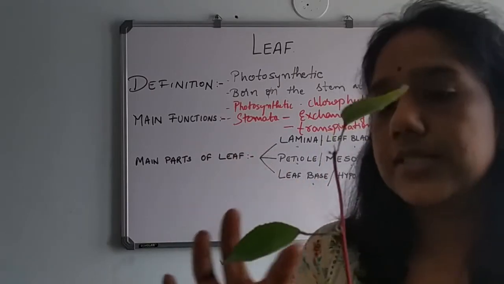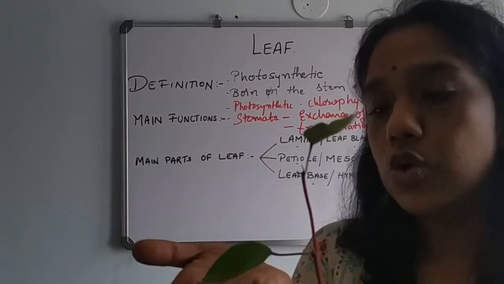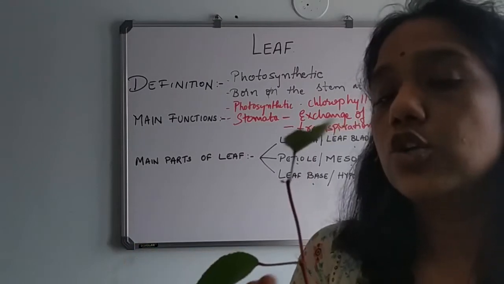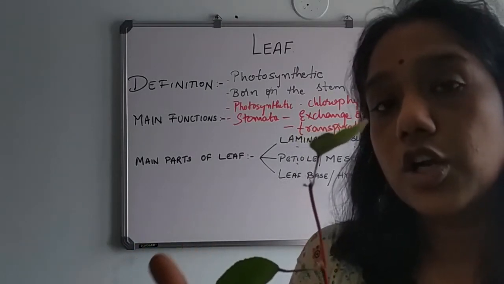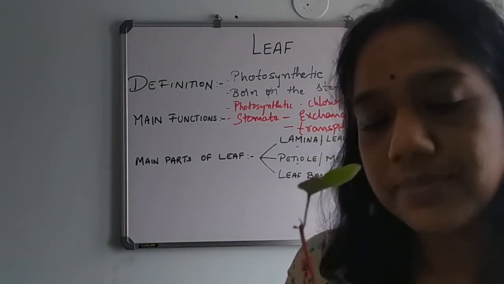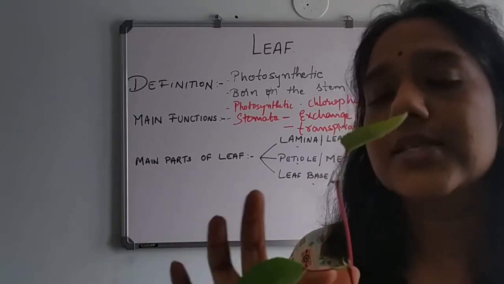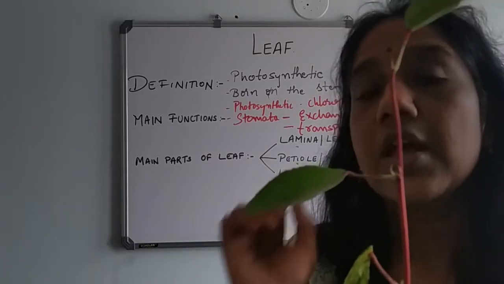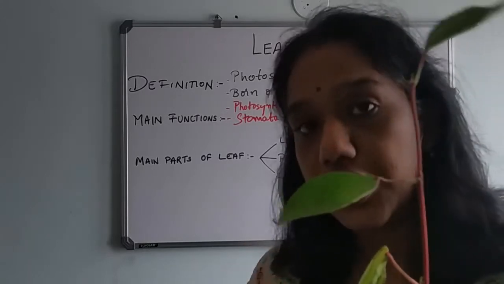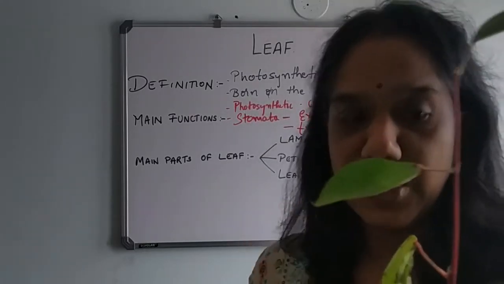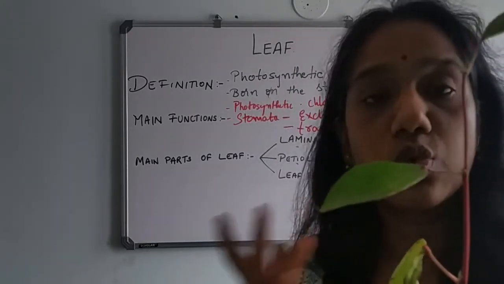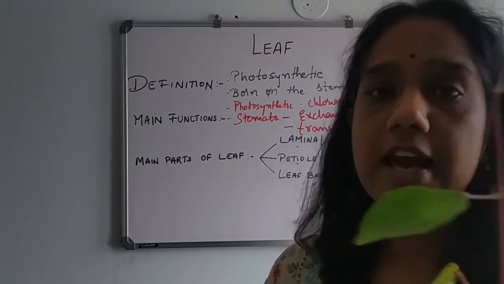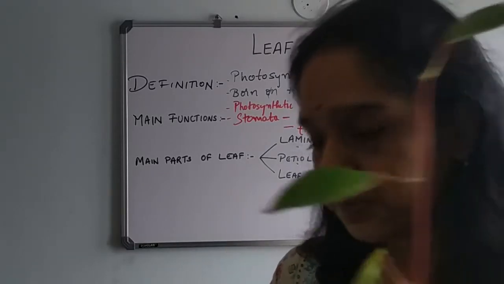It is a stalk which holds the leaf base to the stem in order to get the maximum sunlight. Those plants which have the petiole are called petiolate, and those which do not have the petiole are called sessile.